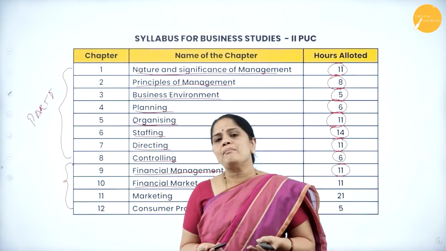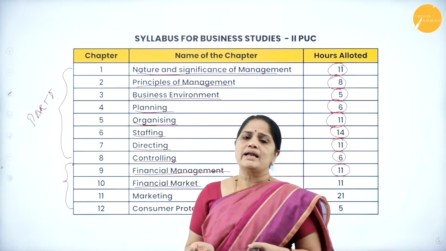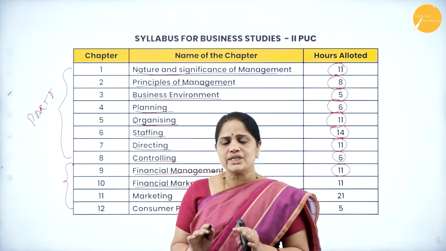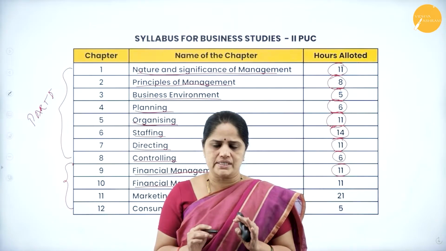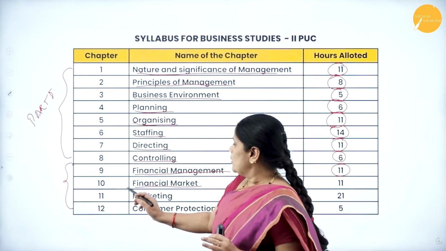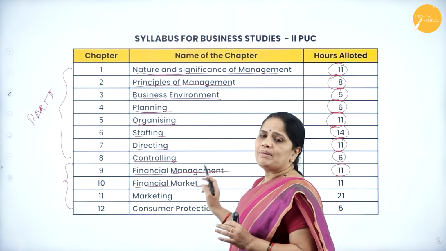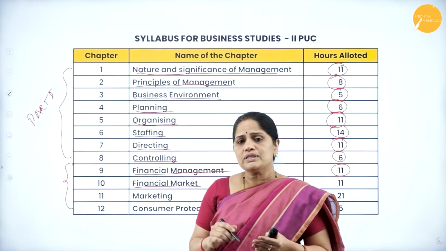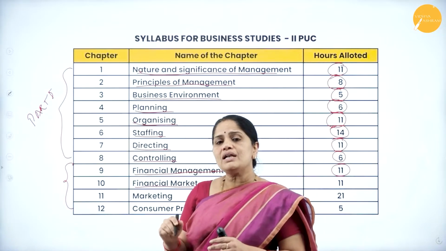What is a market? We all know that a market is a place where buyers and sellers meet and exchange goods and services. Now here they have told us about the financial market. Finance is related to money. So what do they mean by financial market?